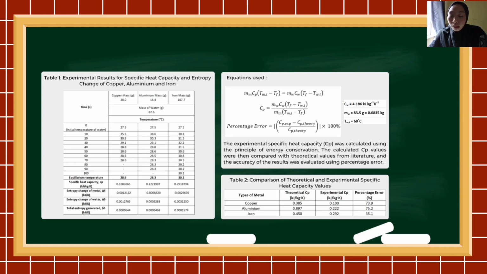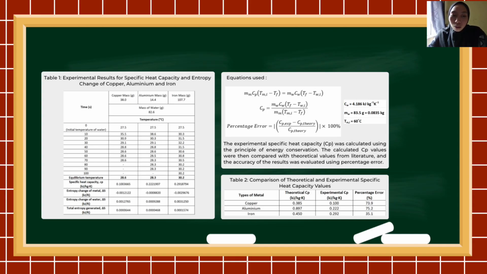For the entropy change of metal, delta S, we get for copper negative 0.001. For aluminum, we get negative 0.0008. And for the iron, we get negative 0.00296. For the entropy change of water, delta S, we get for copper 0.0012.